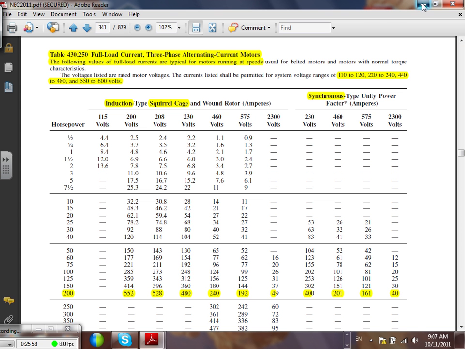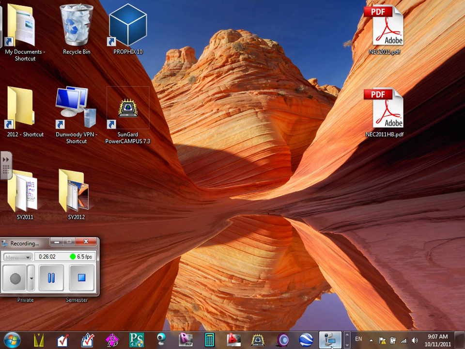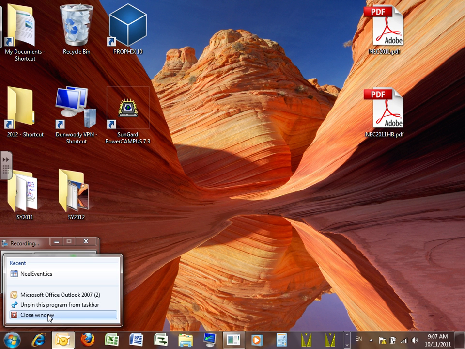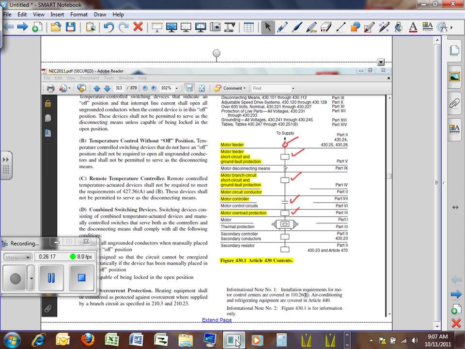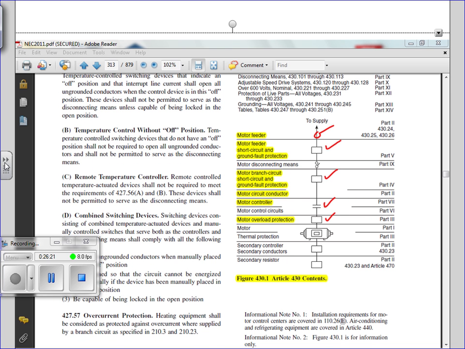Okay, let's go directly to the example now, since you guys are cool. Close this window. Okay, let's go directly to my example.